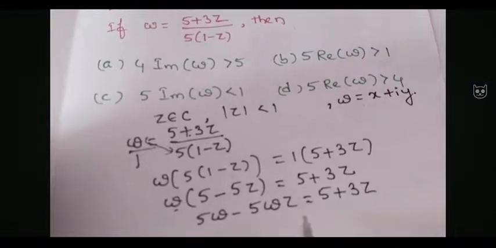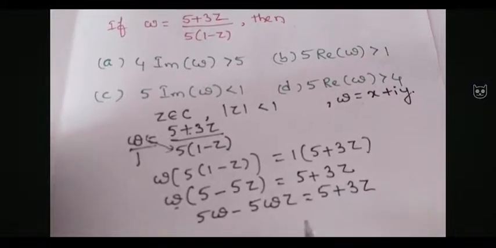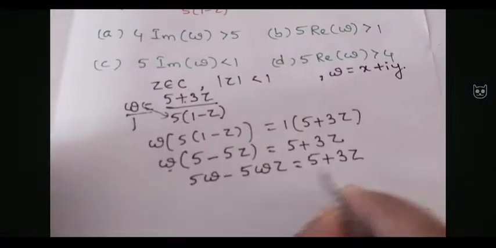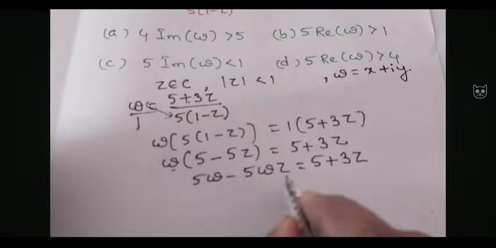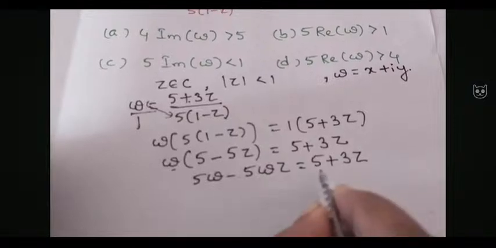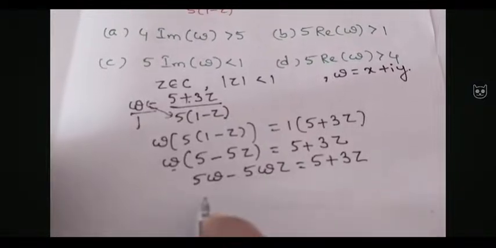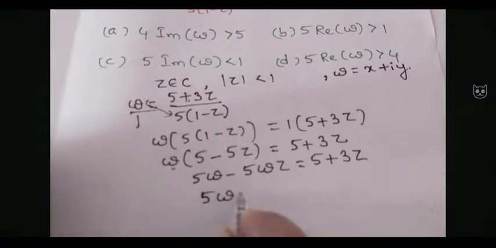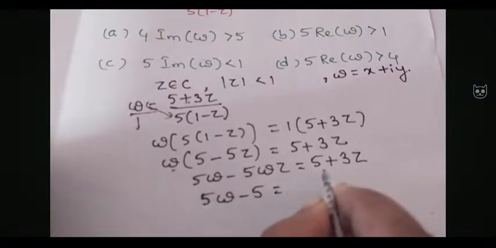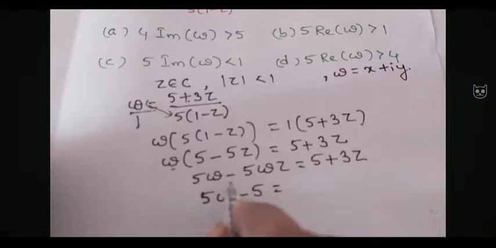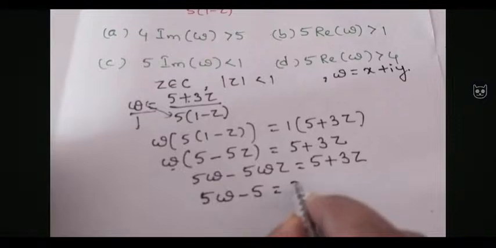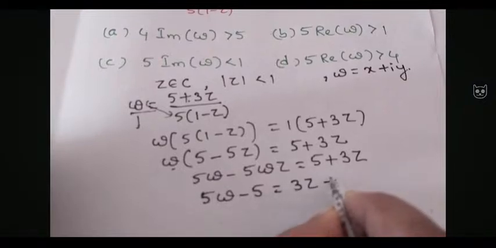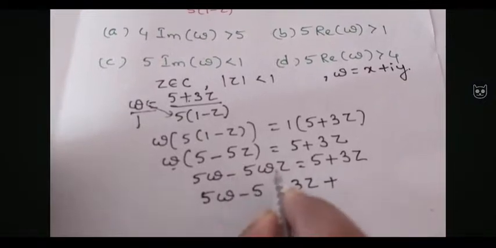Now move all z terms to one side, the remaining terms to another side. So here we have the z term. I will send this minus 5 omega z to the right hand side and this 5 to left hand side. So 5 omega plus 5 will become, this is plus 5, when it comes to left hand side, it becomes minus 5, that equals to 3z plus this minus 5 omega z.